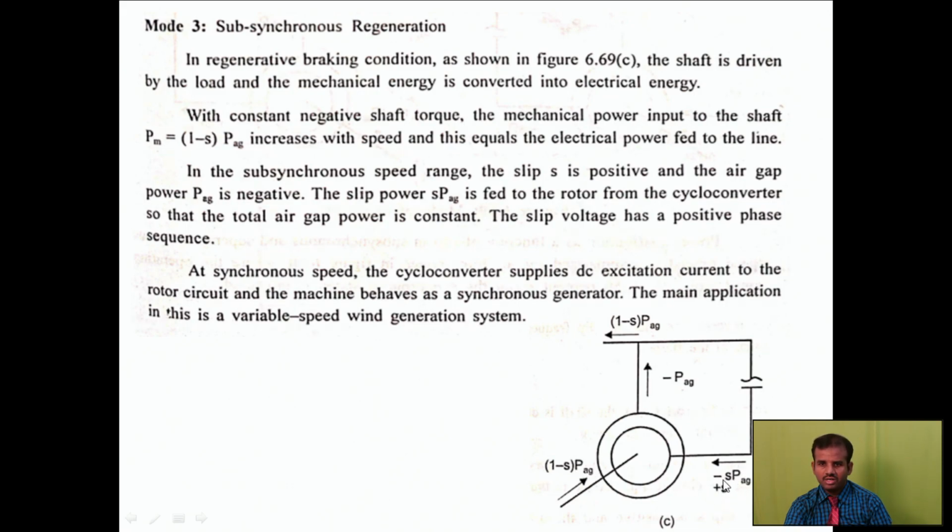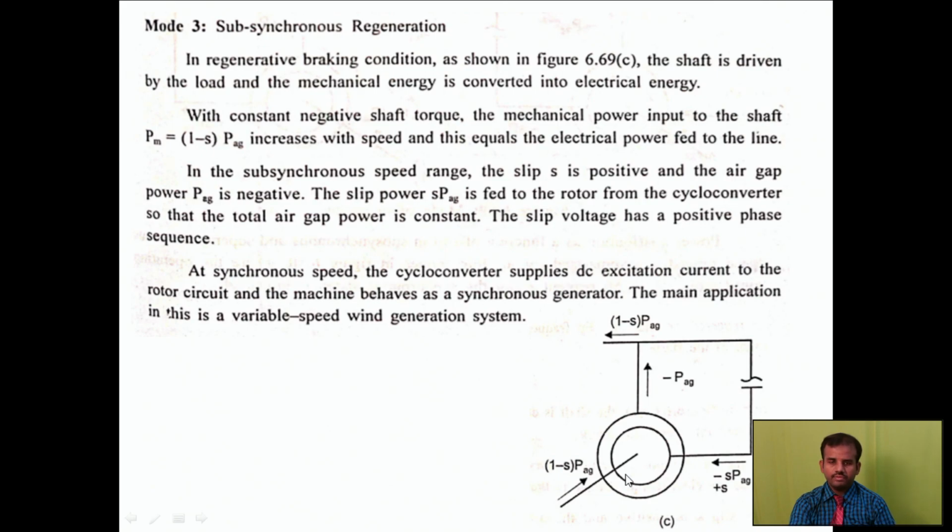In this subsynchronous speed, the cycloconverter supplies a DC excitation current to the rotor circuit, and the machine behaves as a synchronous generator. Here the main application is a variable speed wind generation system, the regeneration system. So it is applicable to a variable speed wind generation system, not a constant speed, variable speed.